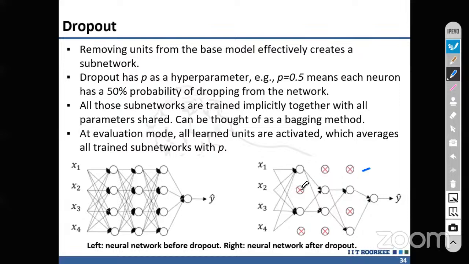So one time it will get the model using only the remaining neurons, and another time it will get the model by using other neurons, and then it will take the average of all these models. So what will happen?